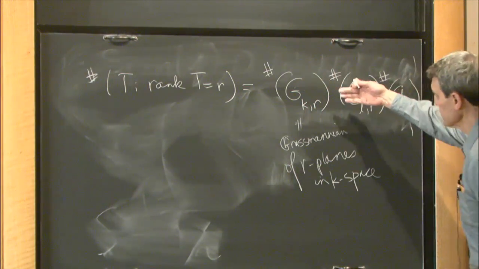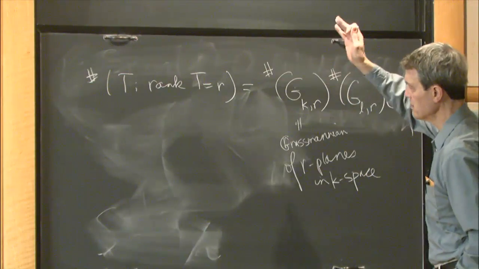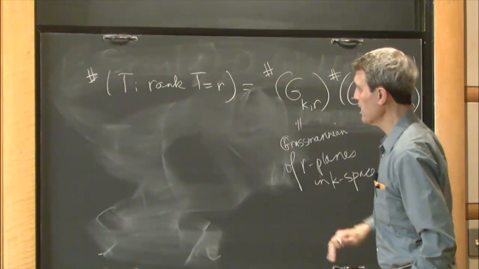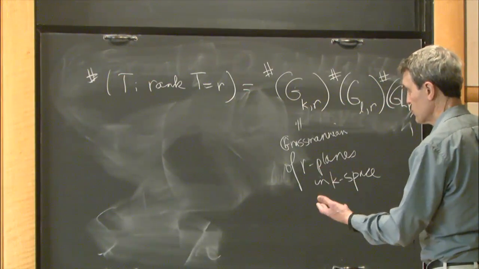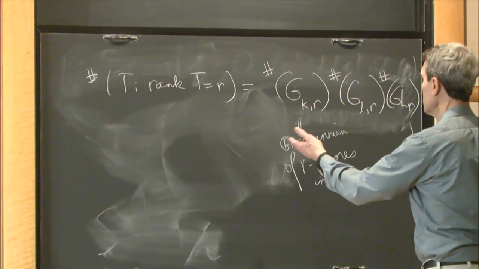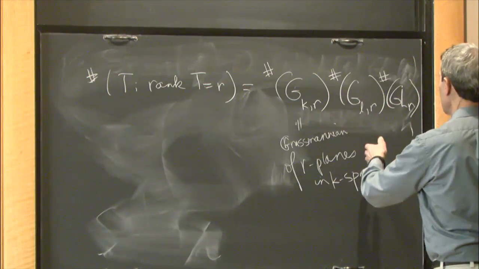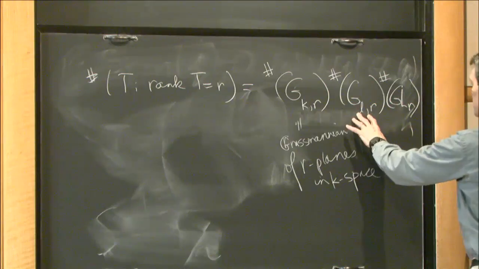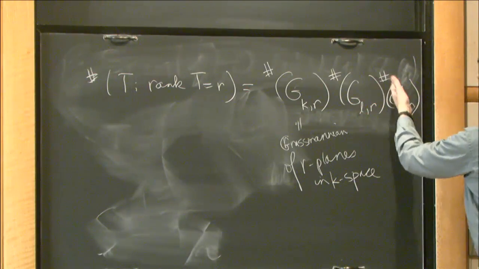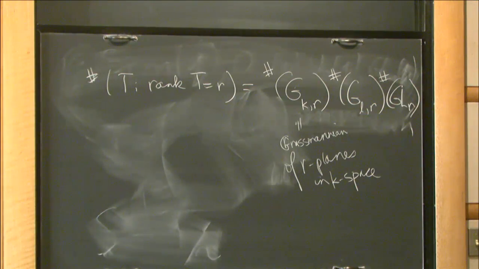So it's a product. If you have a rank R operator, it has a quotient by the kernel of rank R, and it has an image of rank R. So you get a subspace inside of a K-dimensional space and a subspace of an L-dimensional space, and then some linear mapping between them, non-singular.